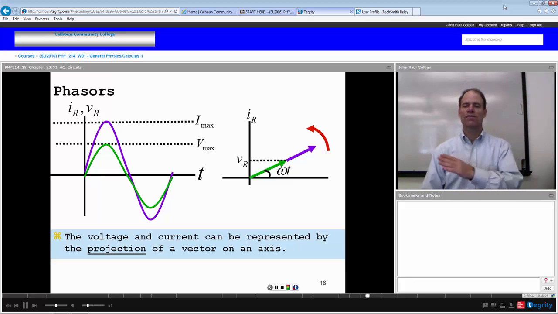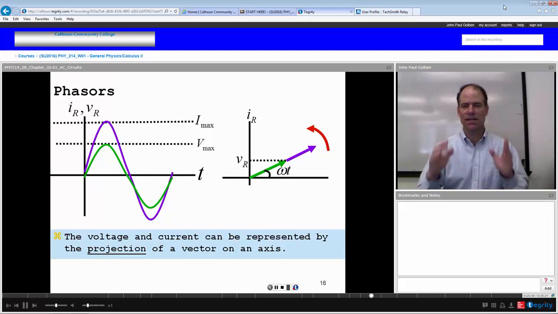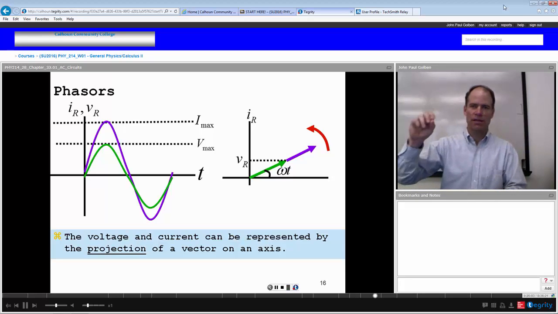So we can think of this as a vector that represents a signal, but then the sinusoidal aspect of it is this vector rotating with an angular frequency omega. So the projection of this vector on the y-axis is the value of our signal at any particular time. If we have the current, and that is a phasor, that's a moving vector, we would have a value for the current at any particular time, with the maximum value being the length of the vector.